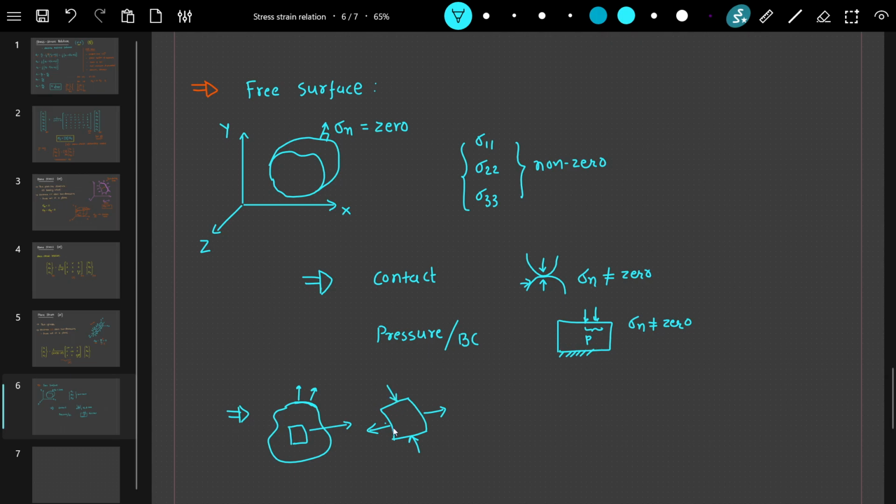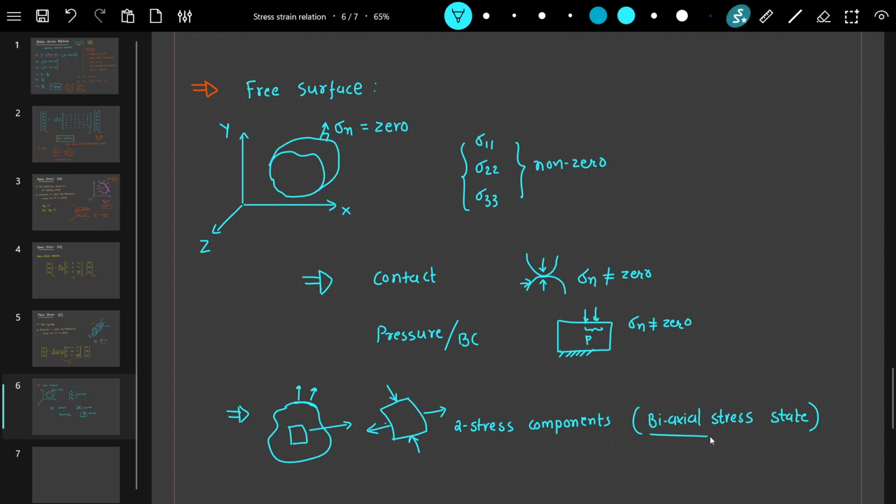Let's say this is compressive and this is tensile. So there are always two stress components available on the surface, and normal to the surface is zero, and therefore this is also called a biaxial stress state.